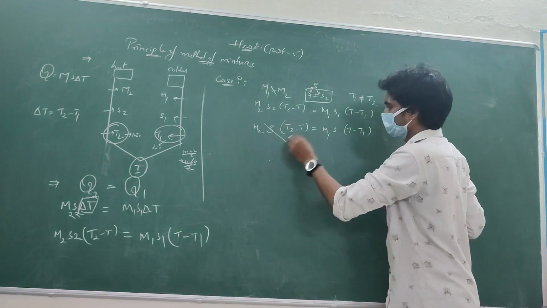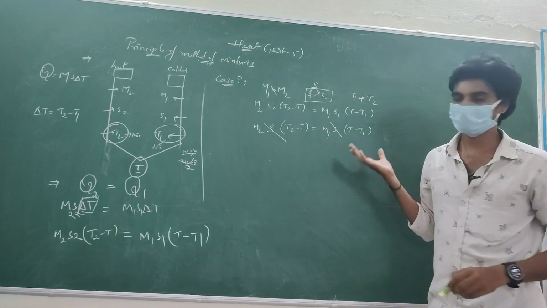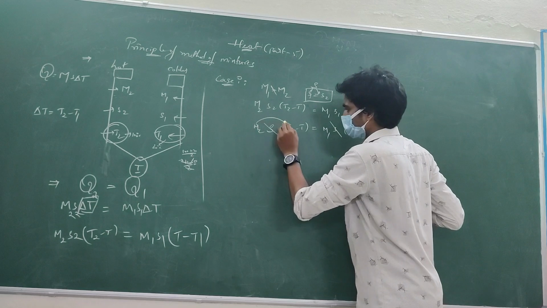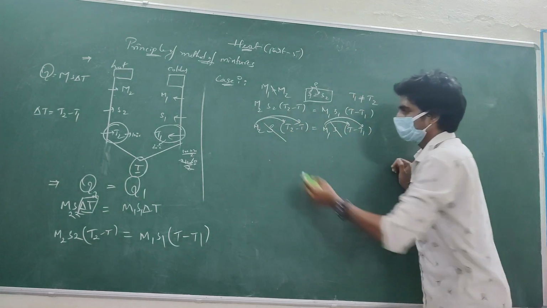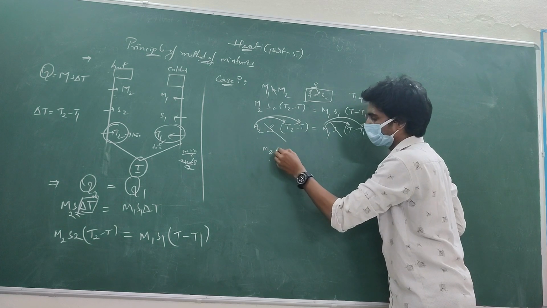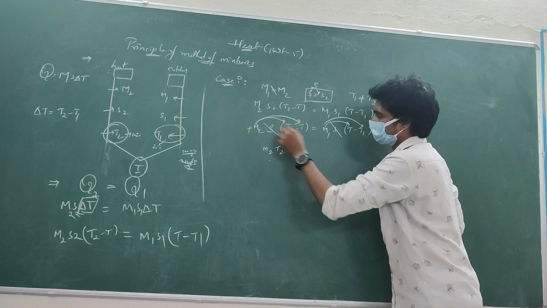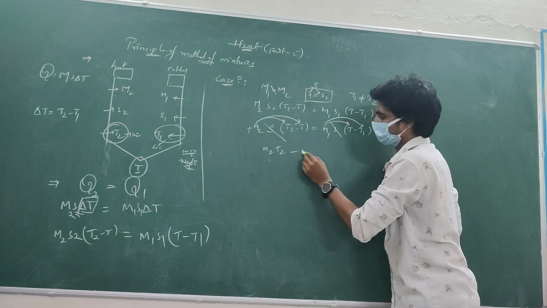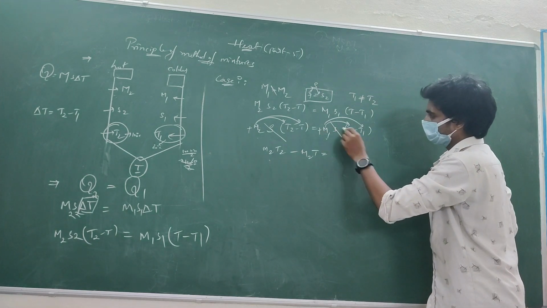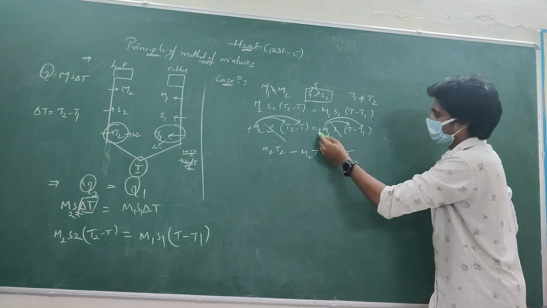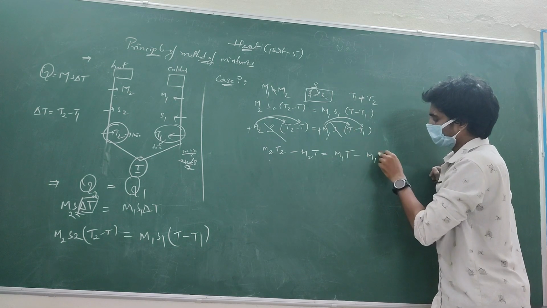In both the cases, S and S got cancelled out, right? So let's multiply with M2 on one side and M1 on the other: M2 T2 minus M2 T equals M1 T minus M1 T1.